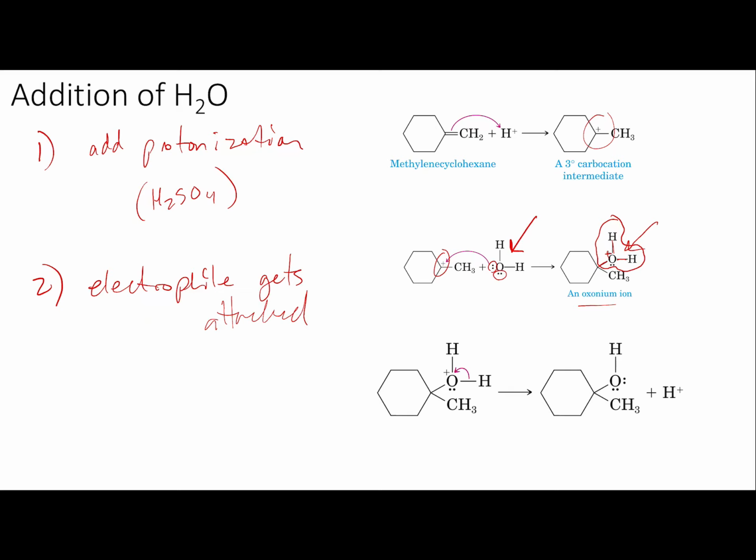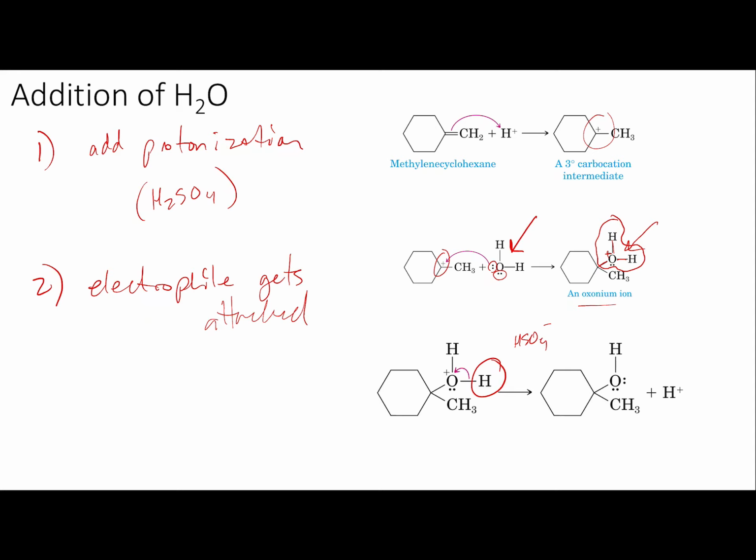So usually what will then happen is we rebalance and reform our catalyst. Something comes back in and takes away one of those hydrogens, and this could be some HSO4. Actually, that's a lie. This is a strong acid, so it probably doesn't do that.